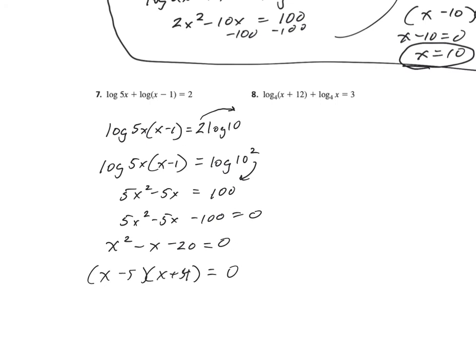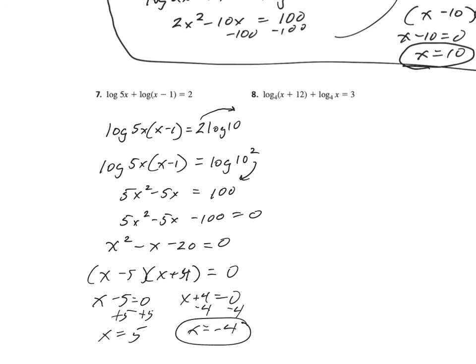So we get two answers here, so there's the possibility for an extraneous root. x minus 5 equals 0 and x plus 4 equals 0. Add 5, x equals 5. And subtract 4, x equals -4. And of course, there's the chance of an extraneous root from the -4.